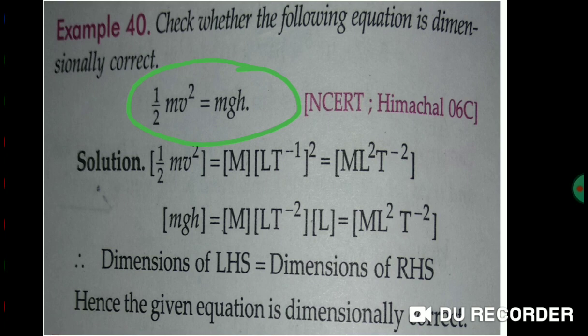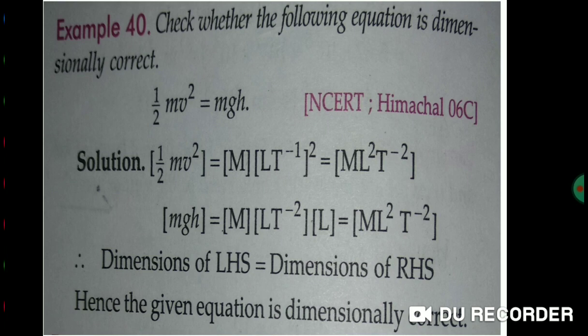Are you familiar with these two formulas? Yes, you are familiar with these two formulas from 9th standard. Half mv square is the formula of kinetic energy, and mgh is the formula for potential energy. So let's start with the solution.